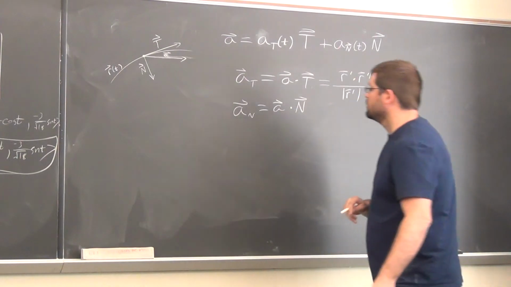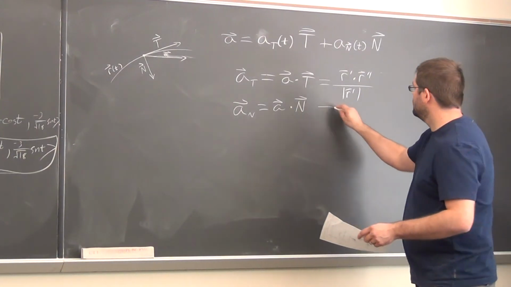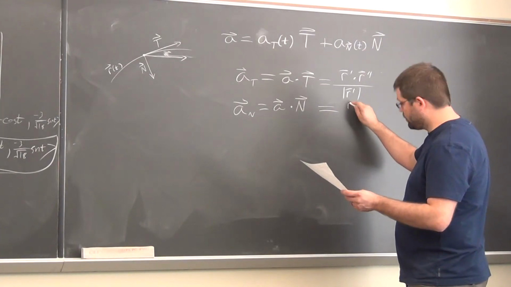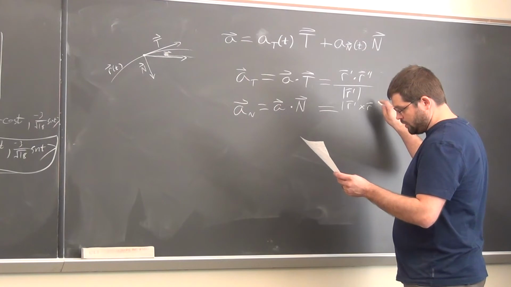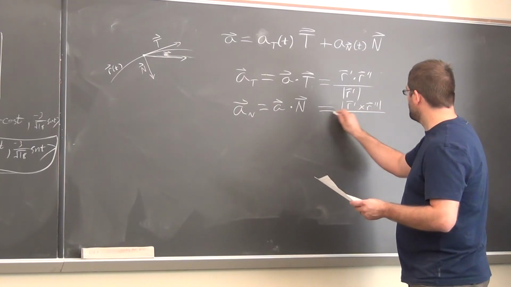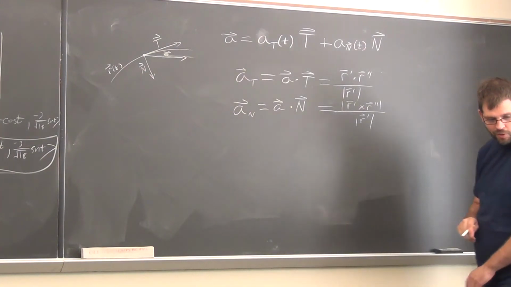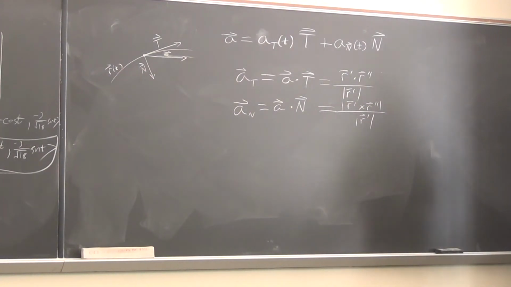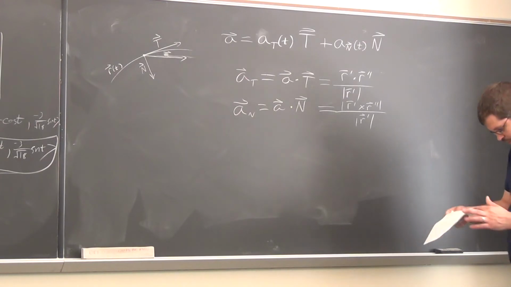So the amount of it in the direction of n, that's just your dot product with n, and that turns out to be the magnitude of the cross product of the first and second derivative divided by that. Okay? All right, so let's just use these formulas for right now, and let's do an example here.